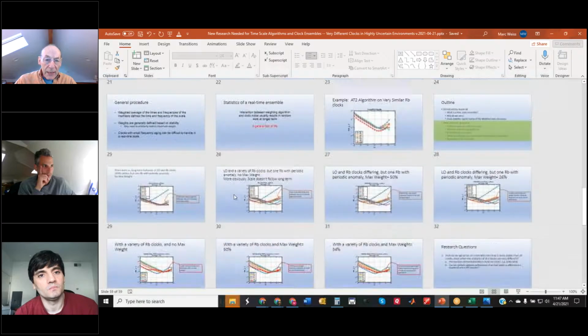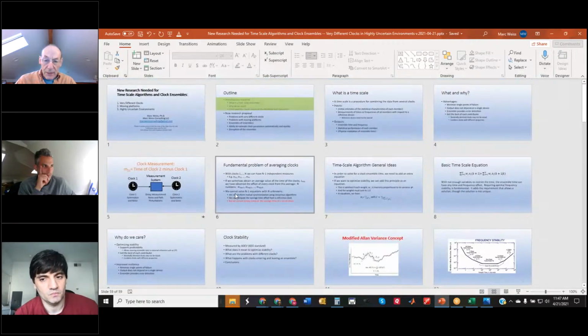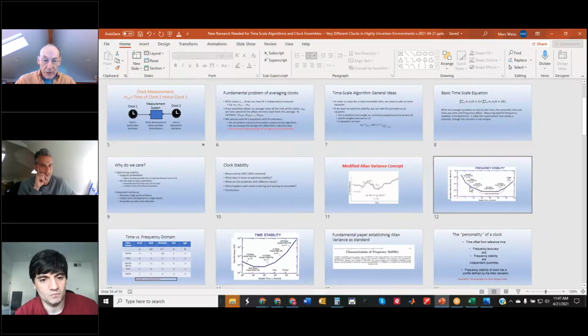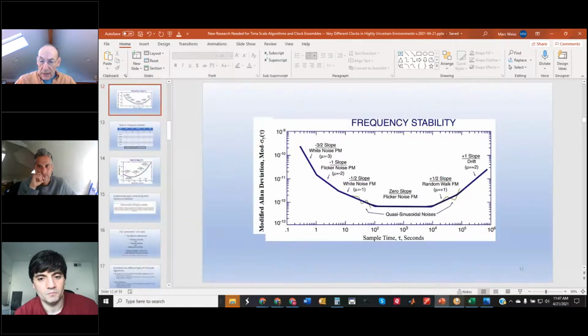So I'm going to go all the way back to when I was talking about the modified Allan deviation, and look at this slide for a second and imagine a quartz oscillator.